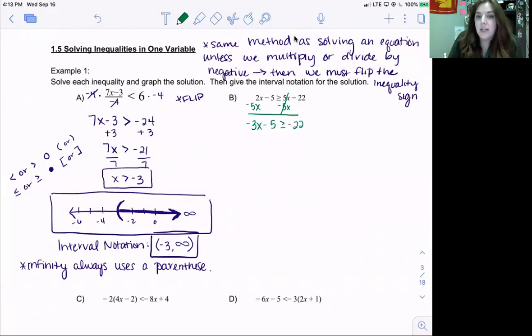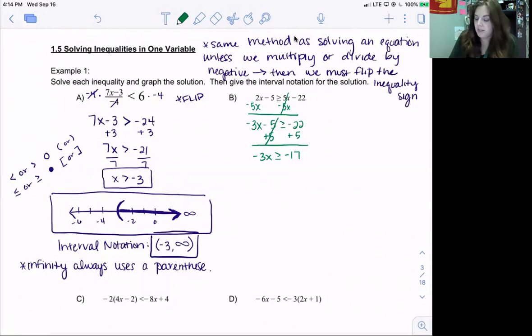Then to get our negative 3x by itself, we want to add 5 to both sides. So we have negative 3x is greater than or equal to negative 22 plus 5, which gives us negative 17.